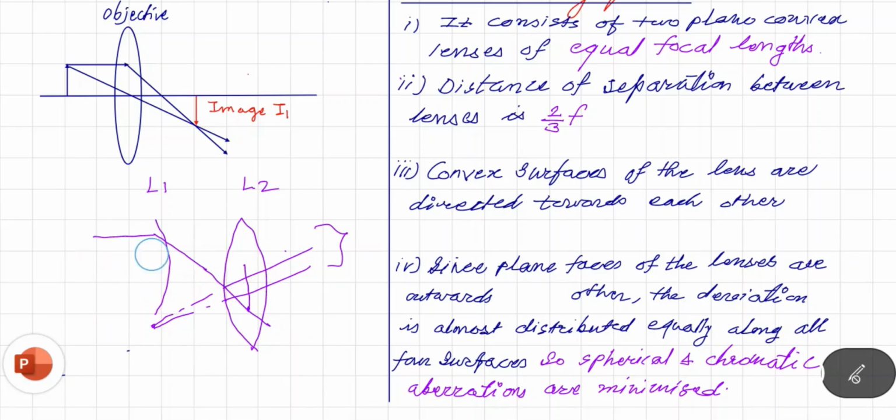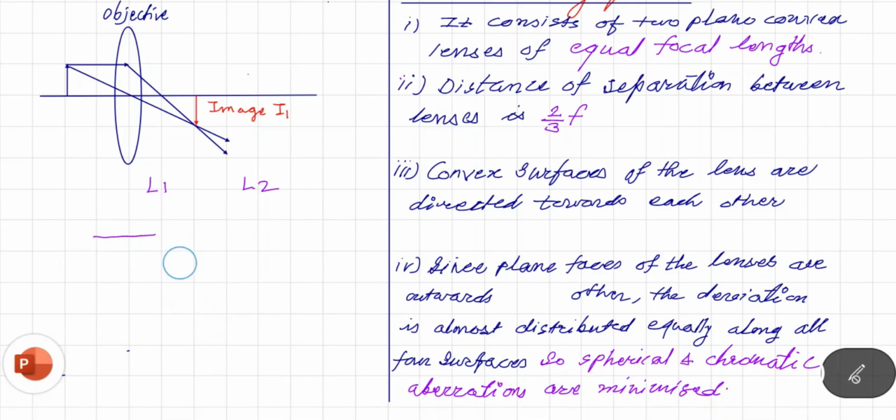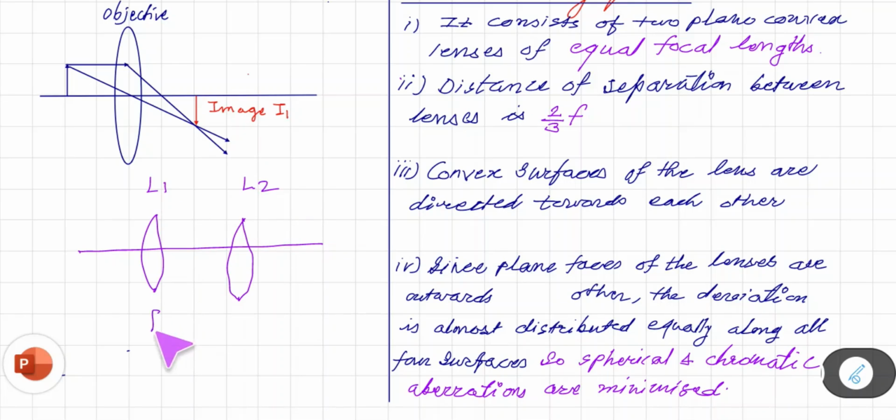Second important thing which we should remember: when we consider a two lens system, with the help of the study of cardinal points, we have these two lenses, L1 having focal length f1 and the other with focal length, say, f2. Now we can replace this system by an equivalent lens that we already studied.